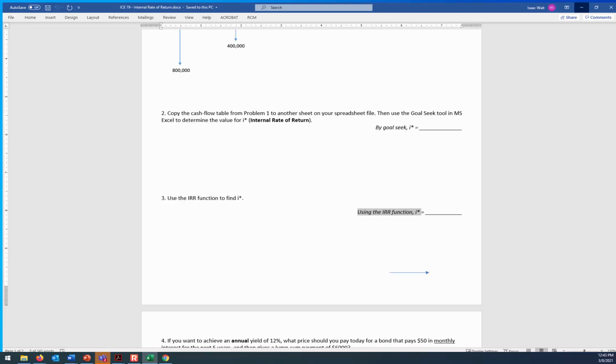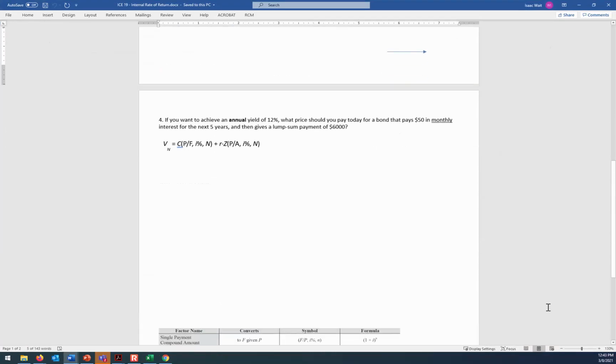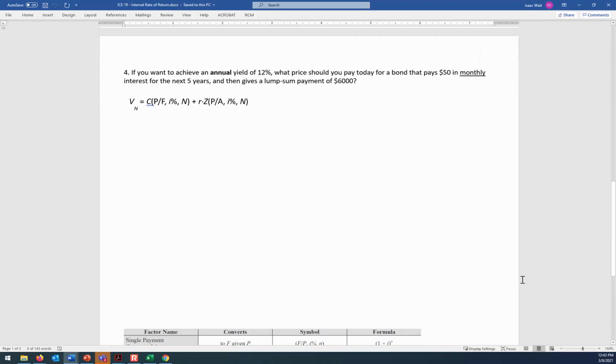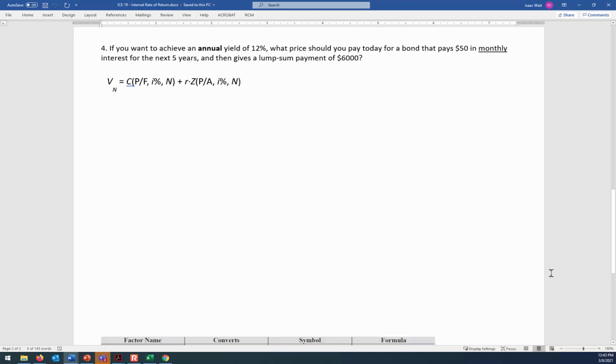So we do still have a little bit of time, so let's work on this bond practice problem. You can never have too much practice pricing bonds. All right, if you want to achieve an annual yield of 12%, what price should you pay today for a bond that pays $50 in monthly interest for the next 5 years and then gives a lump sum payment of $6,000?